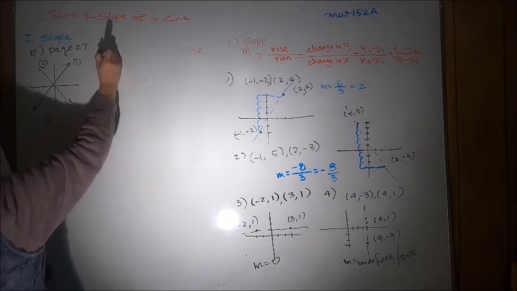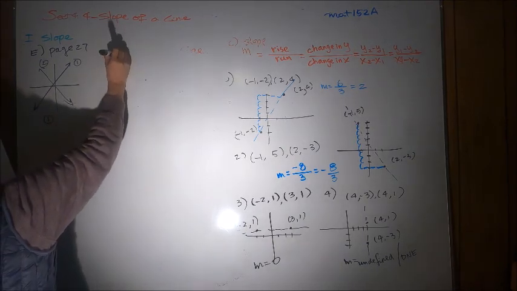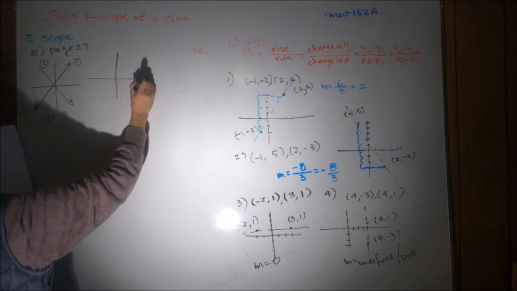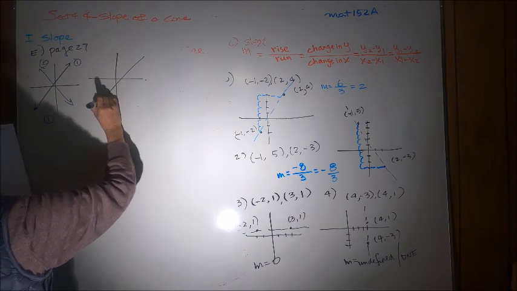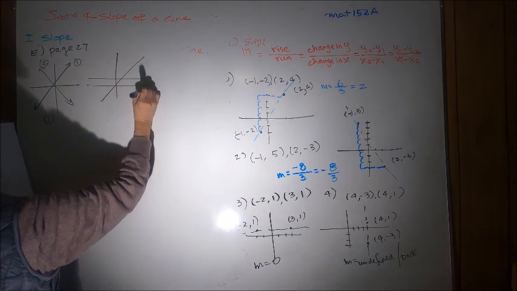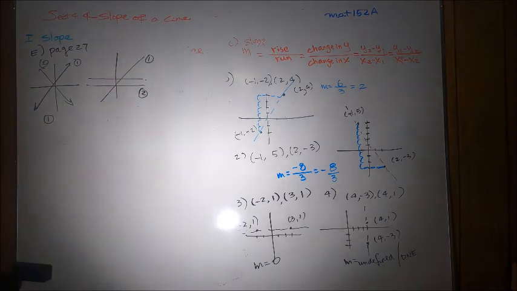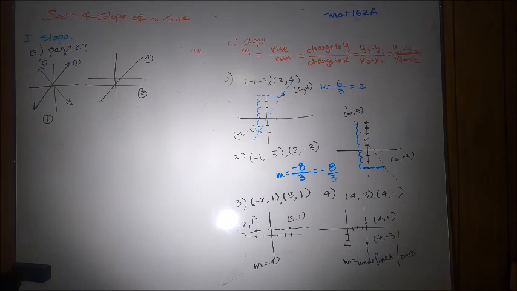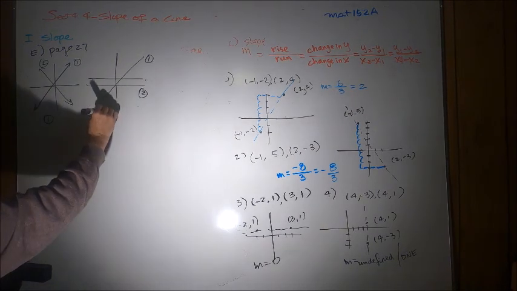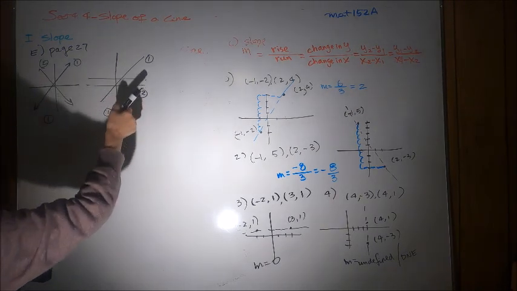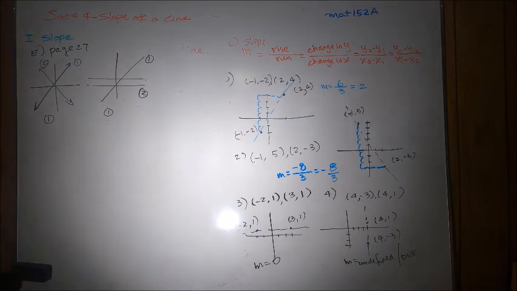So in the next one, if you have this one and this one, this is line 2, this is line 1. Which one is a greater number? 1, right? Because 1 is a positive, 2 is what? 0.